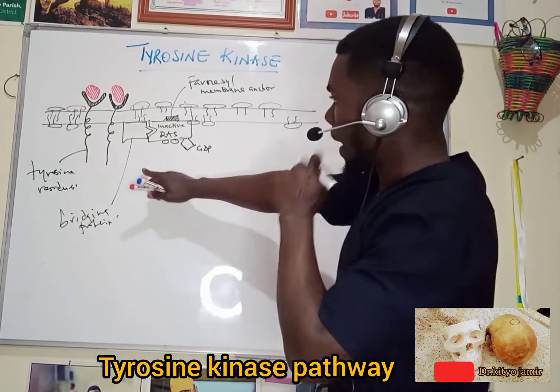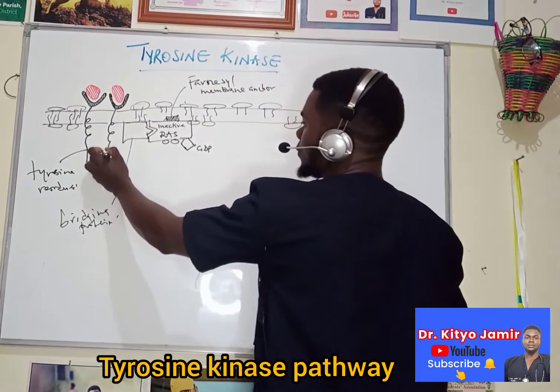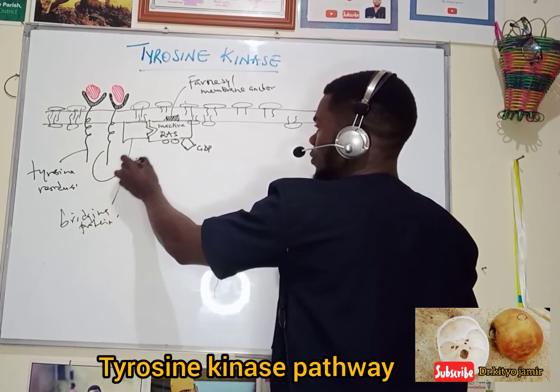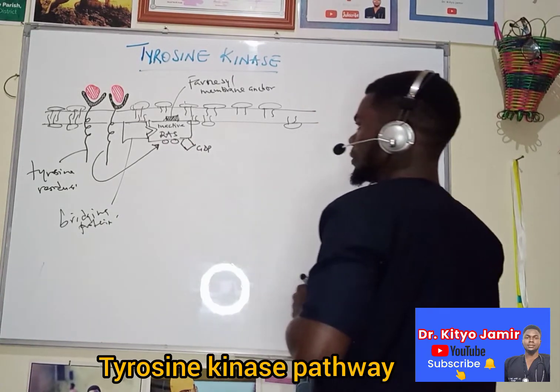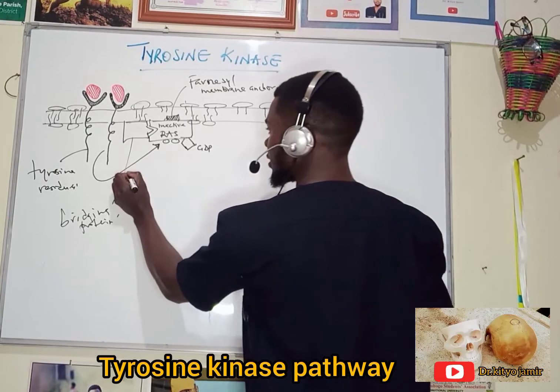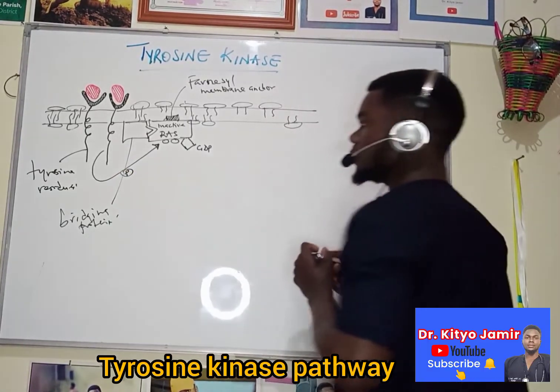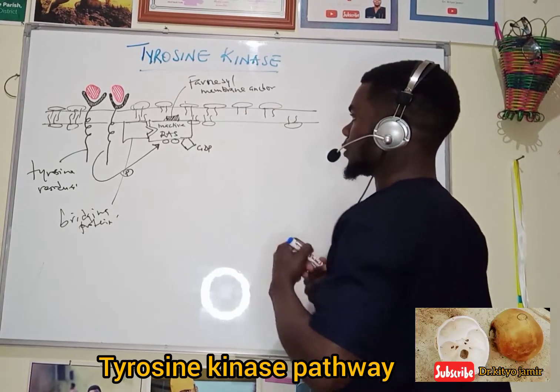So when we have transphosphorylation of the tyrosine residues, we are going to have a phosphate being carried and brought to the inactive RAS, to the GDP on the inactive RAS. So here we have our phosphate being brought. What is going to happen when we have our phosphate there?